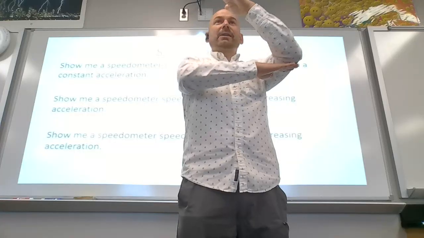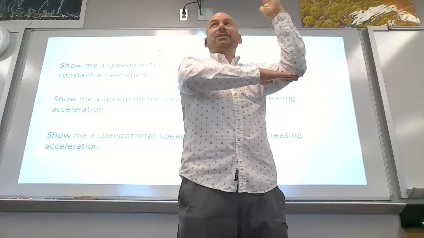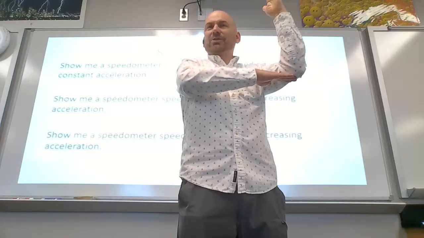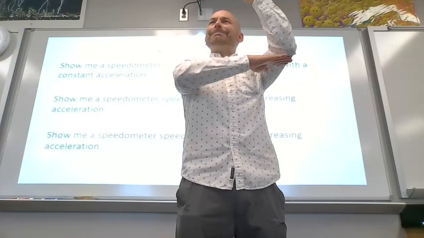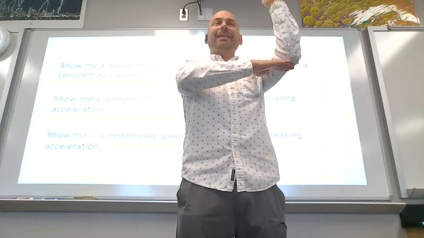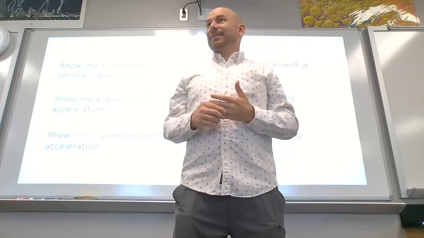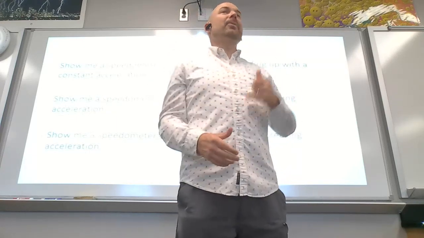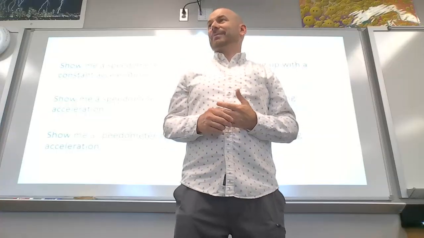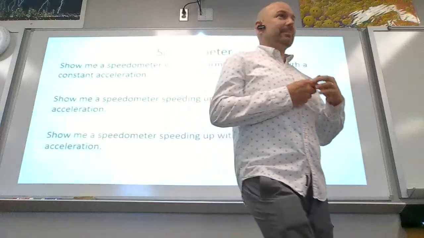It's moving fast here and it's slowing down here, but this is actually how your car speeds up if you punched it. As you get faster, it's harder to do that. Does that make sense? Okay, you're speeding up with a decrease in acceleration. Good?